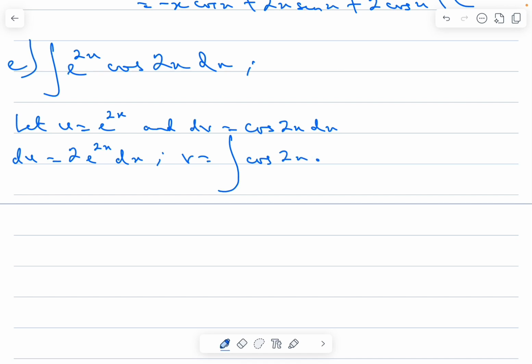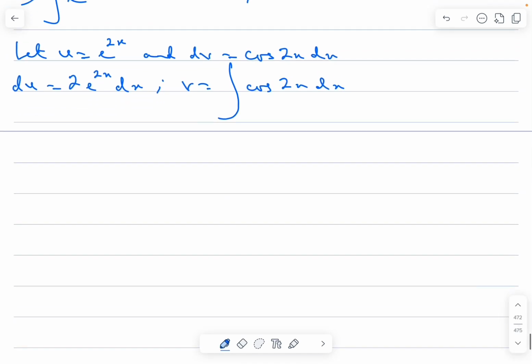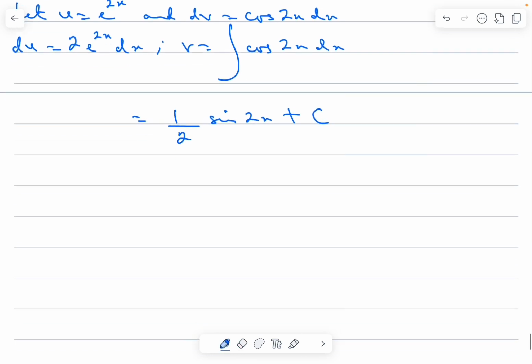and v is the integral of cos 2x dx, which, if you check, is 1 over 2 sine 2x plus c.